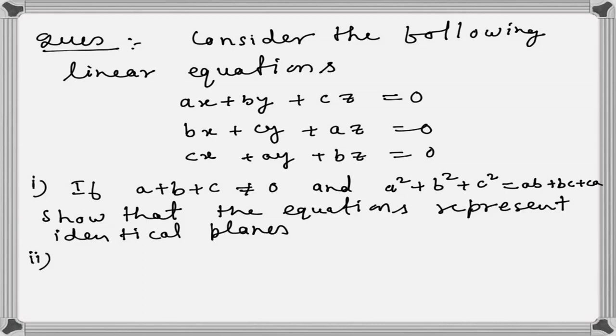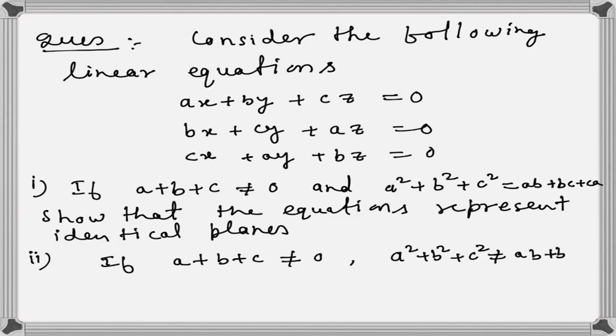Part 2. If a plus b plus c not equals to 0, a square plus b square plus c square is also not equals to ab plus bc plus ca.